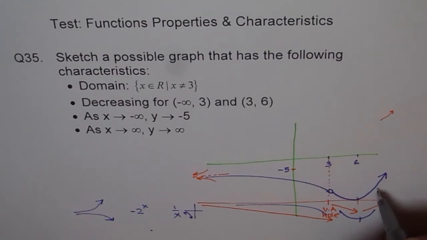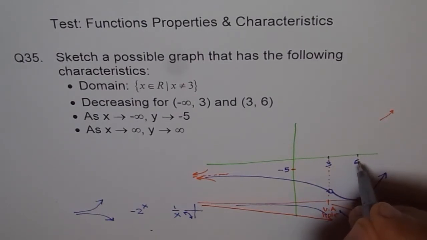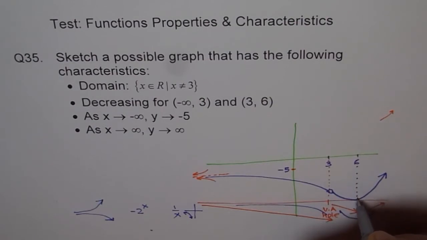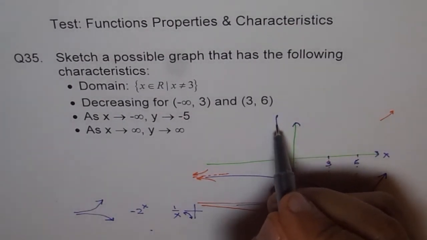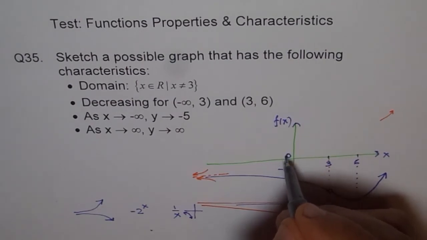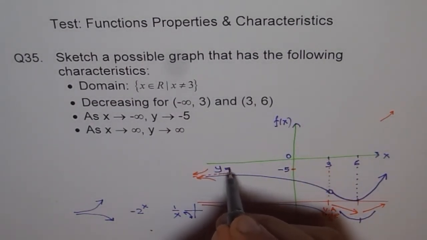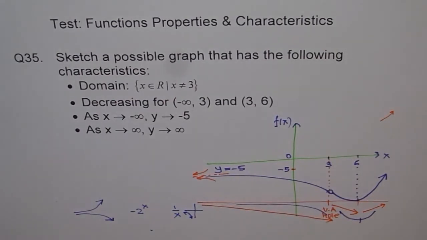It goes like a parabola with vertex at somewhere x equals 6. That point I'll say is actually 6 for me, okay? And this is 3 for me. So this is x, and this is my function f of x, which is what we were supposed to do, right? And here I have a horizontal asymptote at y equals minus 5. So that is a good graph for this.